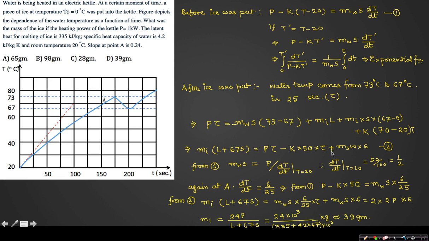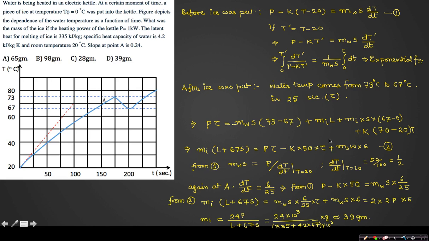So here I have written the correct expression. Here I forgot to mention that minus sign. Right, so this is 6, and when it comes here on the left side, Mw S into 6 will be there. You can see that in this equation I know few things. I have to calculate few things, and I can calculate what is Mi from this equation.